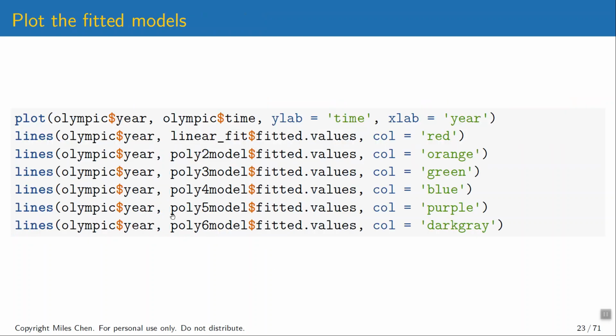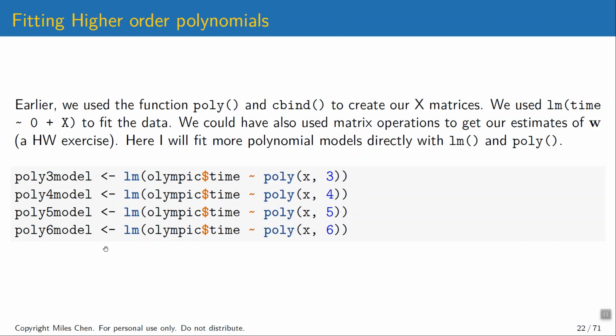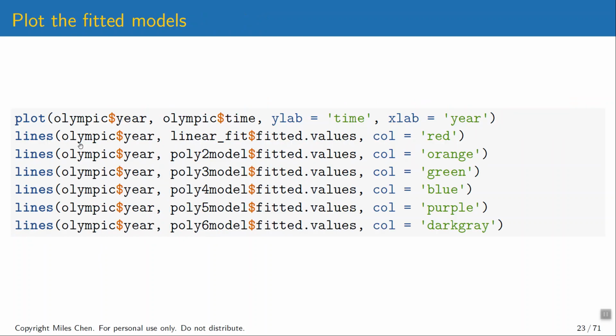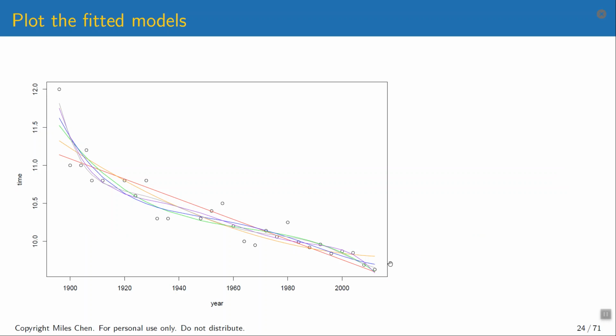Based on all of these, I can plot a whole bunch of lines. The first line plots the data, and then each following line takes each model and its fitted values. We add a line in different colors: red, orange, green, blue, purple, and dark gray. These are the different fits that we get.